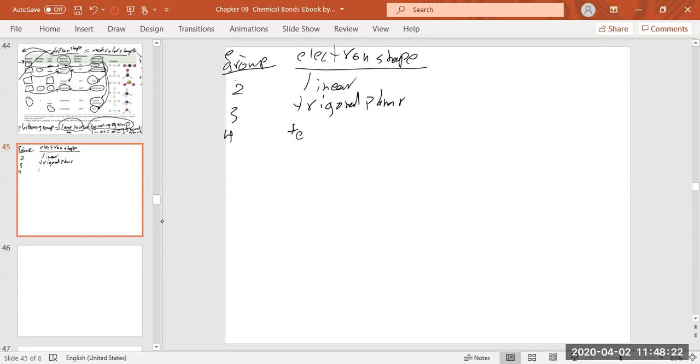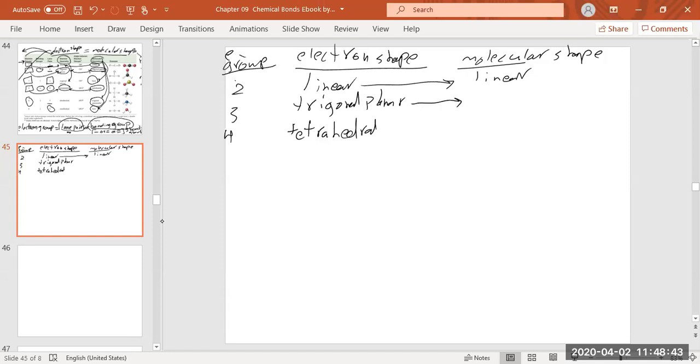Four, tetrahedral. Now the shape of the molecule, the molecular shape: linear will be linear also. Here, trigonal planar.